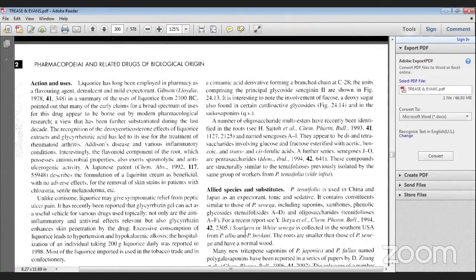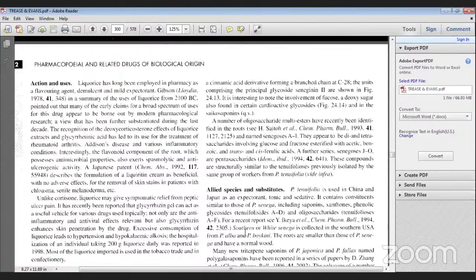Next is the use. Traditionally, licorice is used as an expectorant and emulsant in different mixtures, and also as a flavoring agent due to its sweet taste. Due to the presence of flavonoids, licorice has an anti-gastric effect, used in treatment of peptic ulcer, and is also antispasmodic due to flavonoid glycosides like isoliquiditine.